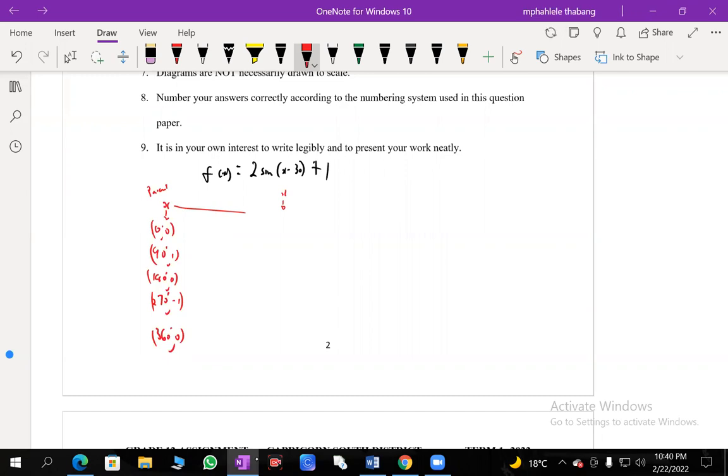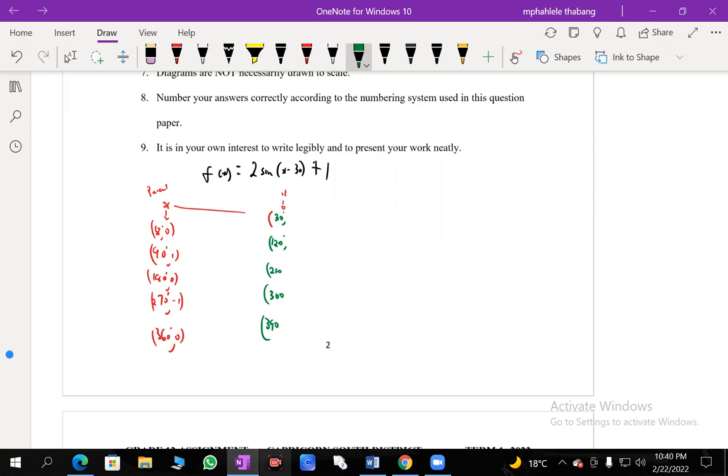Our 0 is now 30. Our 90 is now 120. Our 180 is now 210. I'm just shifting this thing 30 units to the right. That one makes sense, no?